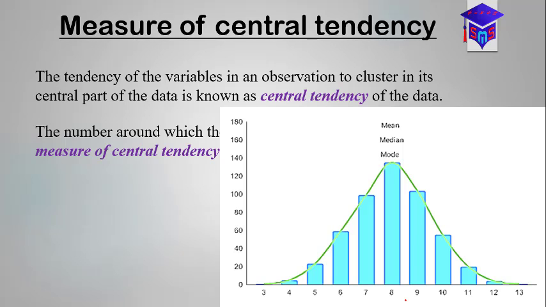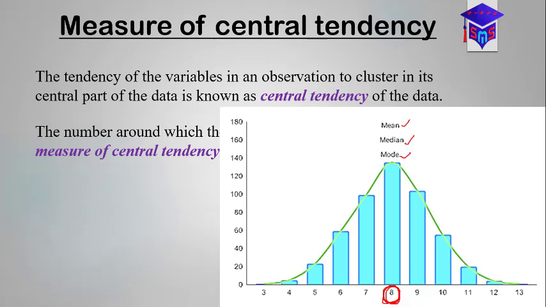When you look at the data, it looks to be crowded or clustered around a particular central value, and that is the number what, as you can see from the data. The data is crowded or clustered around that number, and there is where you can find the mean, the median, and then the mode.